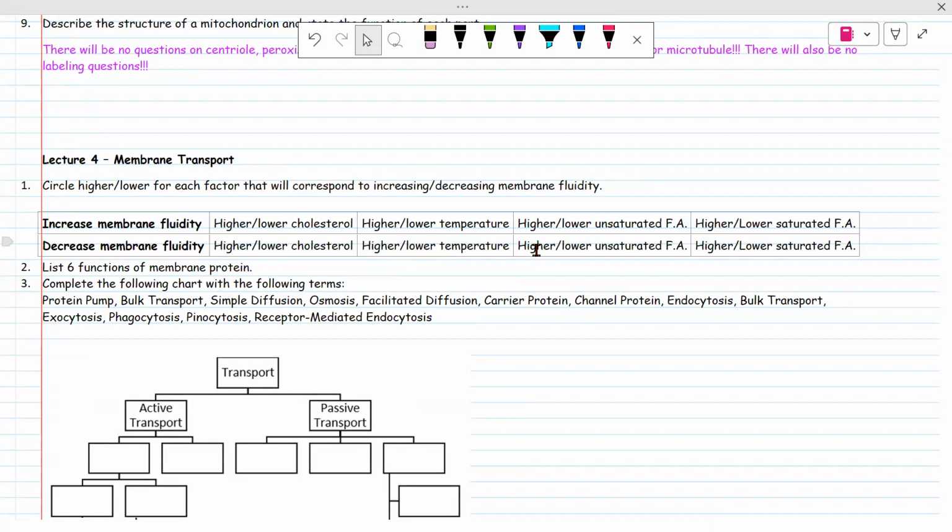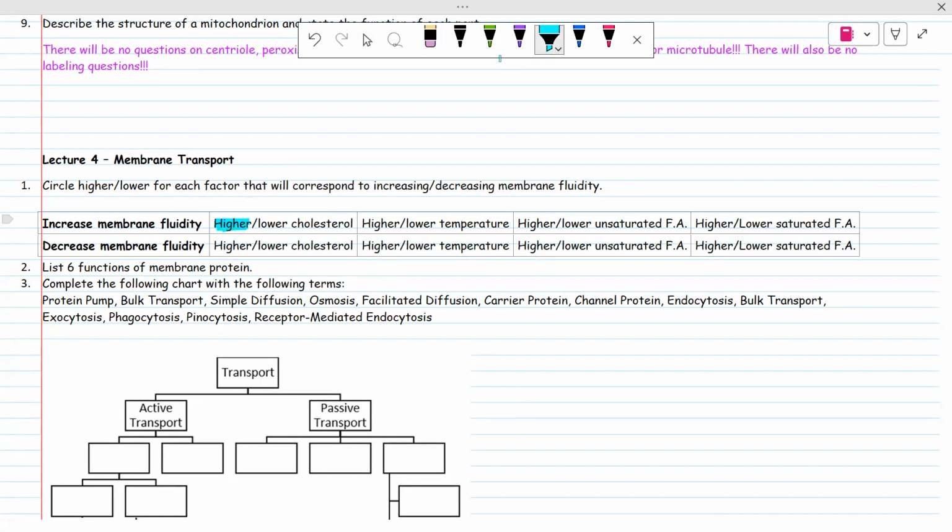Circle higher or lower for each factor that will correspond to increasing and decreasing membrane fluidity. If you want to increase membrane fluidity, do we want more cholesterol or less cholesterol?